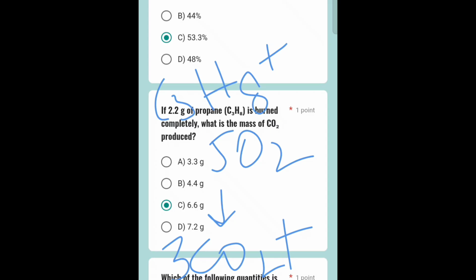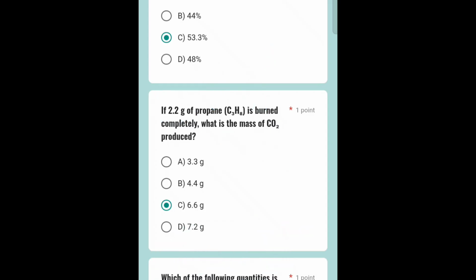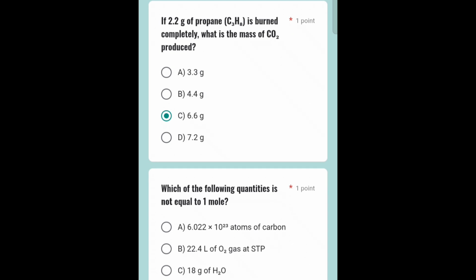Okay, so 3 moles of CO2 will form. 1 mole of propane will produce 3 moles of carbon dioxide gas. So the ratio will be 1:3.